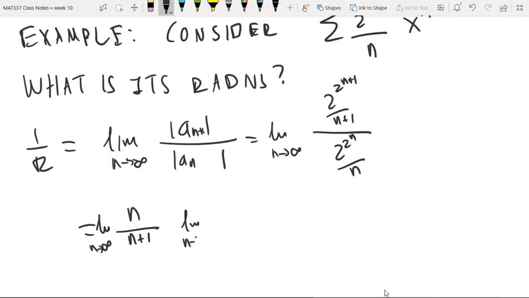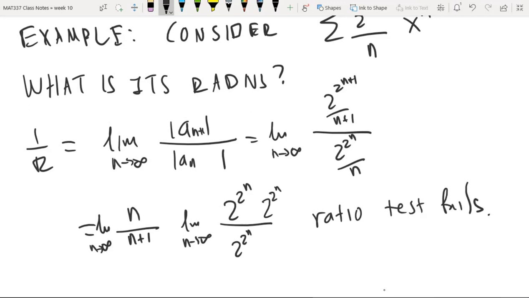And then you have 2 to the 2n times 2 over 2 to the 2n. Okay, so the ratio test fails.